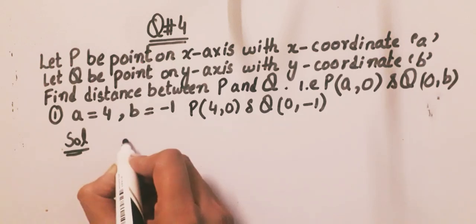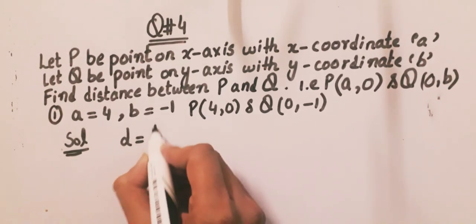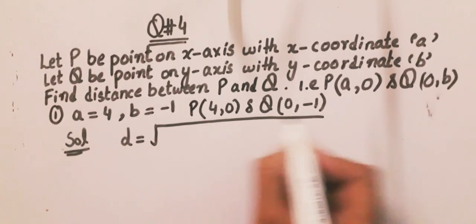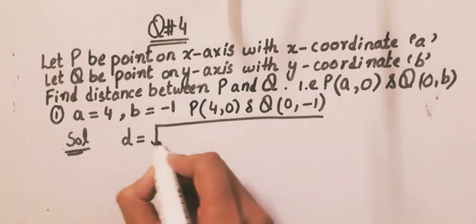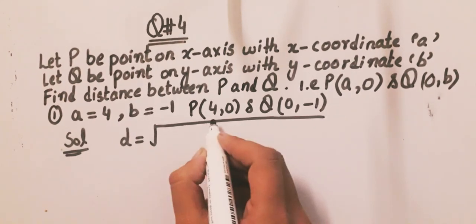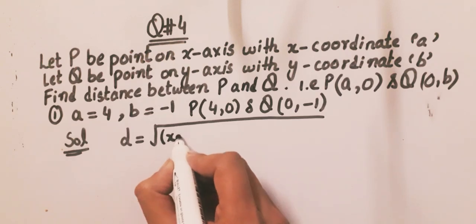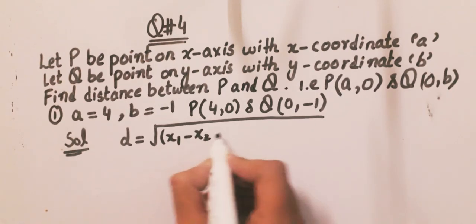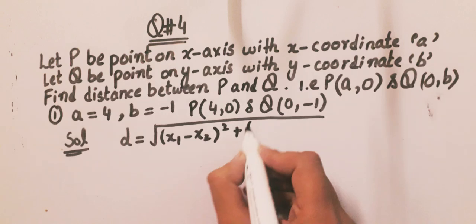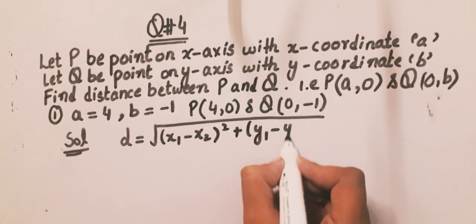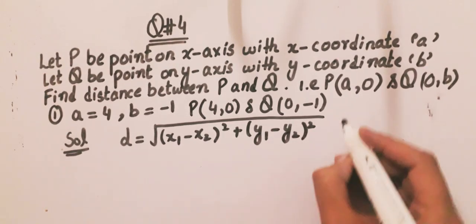Now we will use the distance formula, which is d equal to square root of x1 minus x2 whole square plus y1 minus y2 whole square.